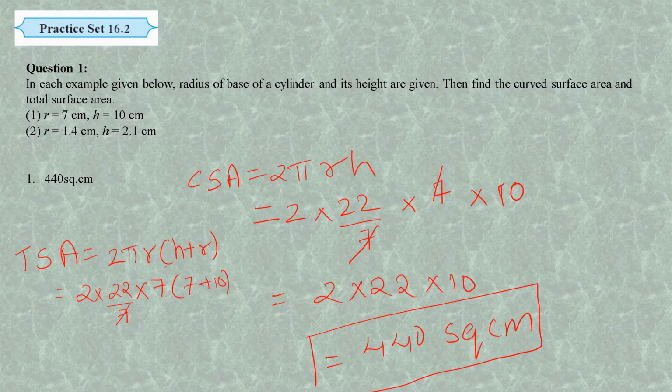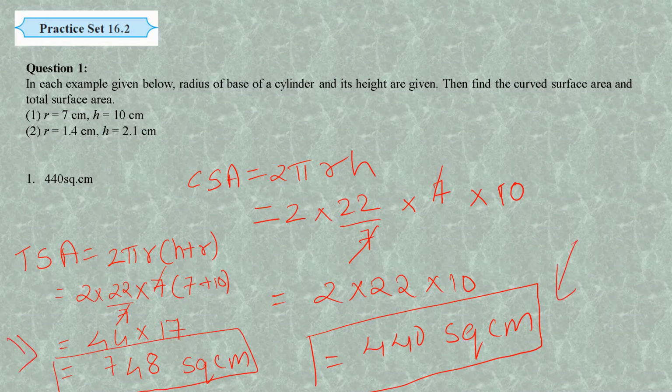So this 7 and 7 will cancel off and you'll be left with 44 into 17, which will give you 748 square centimeters. So the total surface area of the cylinder is 748 square centimeters and the curved surface area is 440 square centimeters.